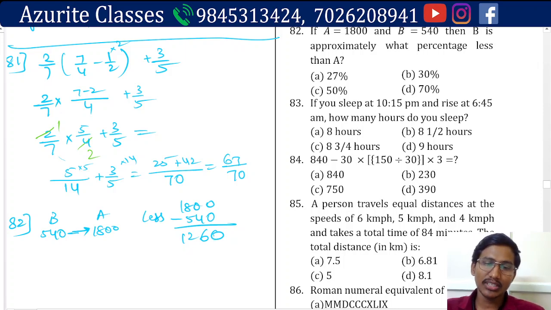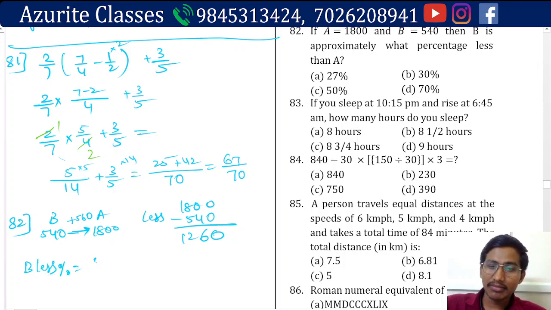So 1260 is the difference. Upon B, so B percentage, how much less? If you want to find the less percentage, it is 1260 upon 540, into 100%. So it will be more, right?